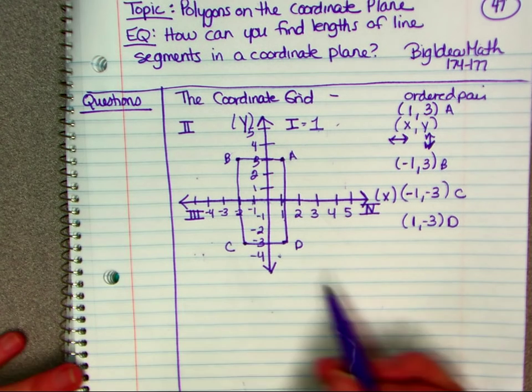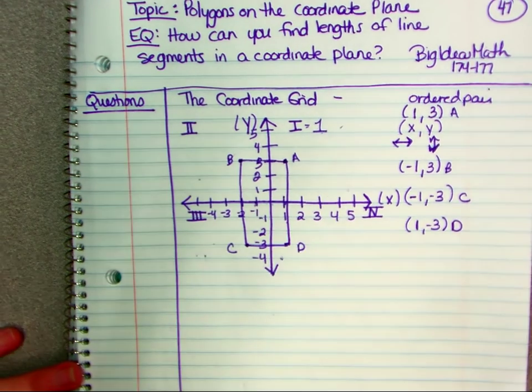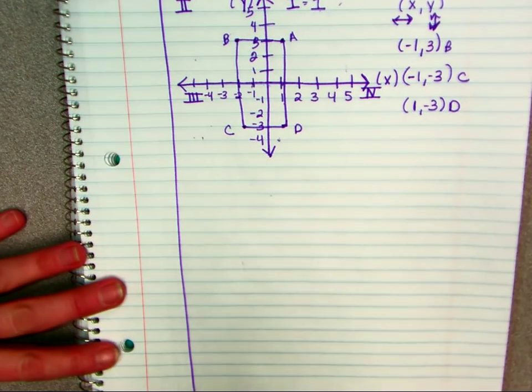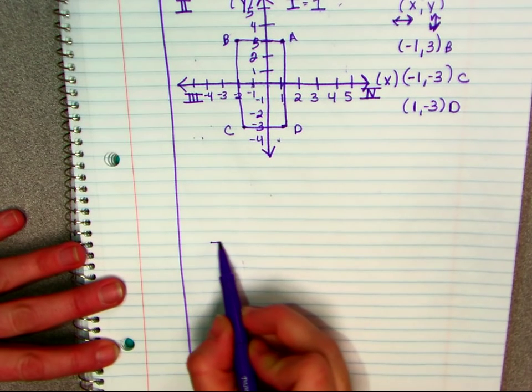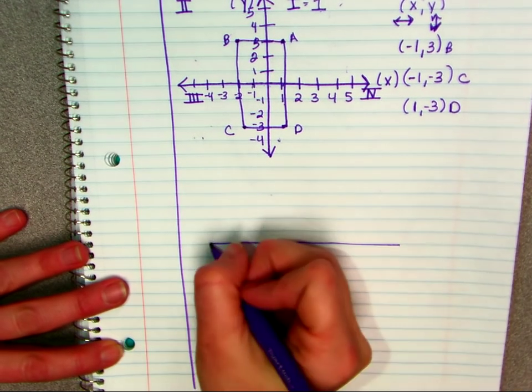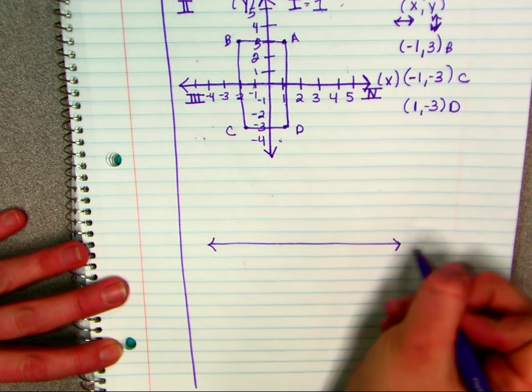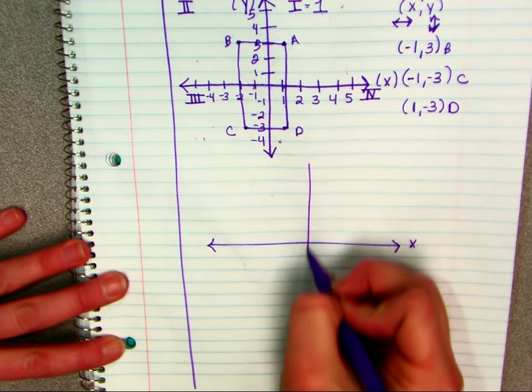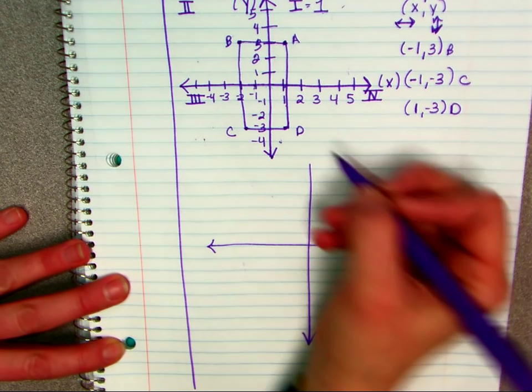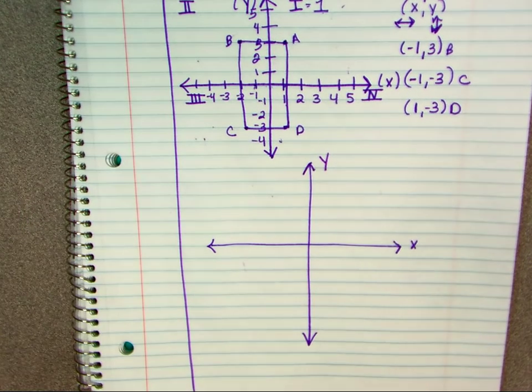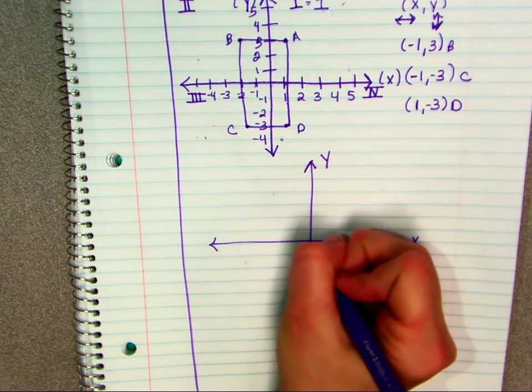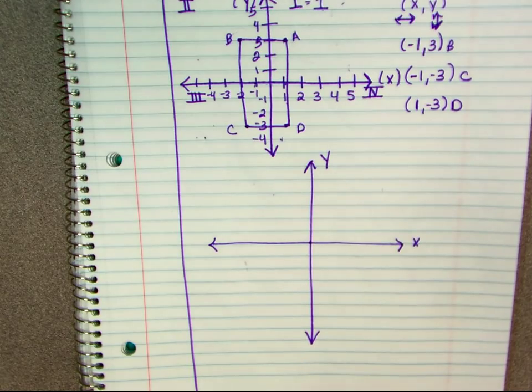So let's try this again. We're going to go down a little further. Create that X line. Here's your X. Create your Y. Now this location right in the middle, where 0, 0 is, we call that our origin.